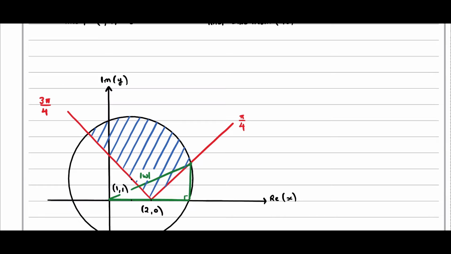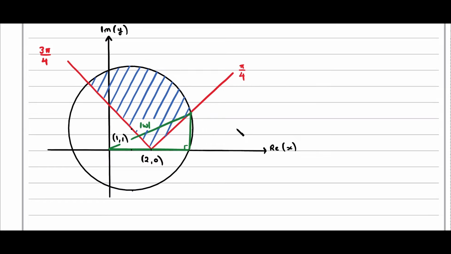And because we have pi over 4, we can think of this red line as being the same as y equals x minus 2.